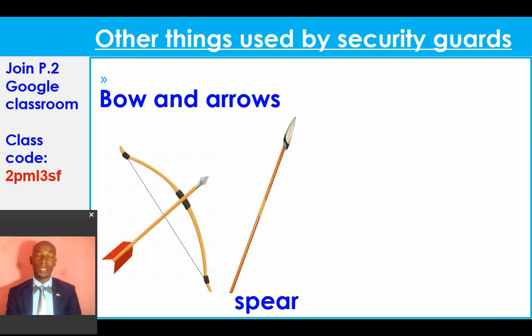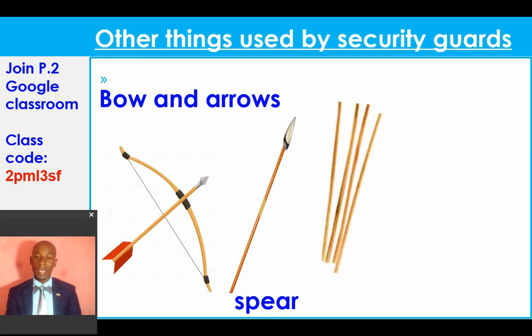But unfortunately, the elephant, since it is fat, it went with the spear, which brought problems at home, and peace was not there. So read about that story of Jipili and Labong. Then we have sticks. Yes, the private security guards also use sticks.